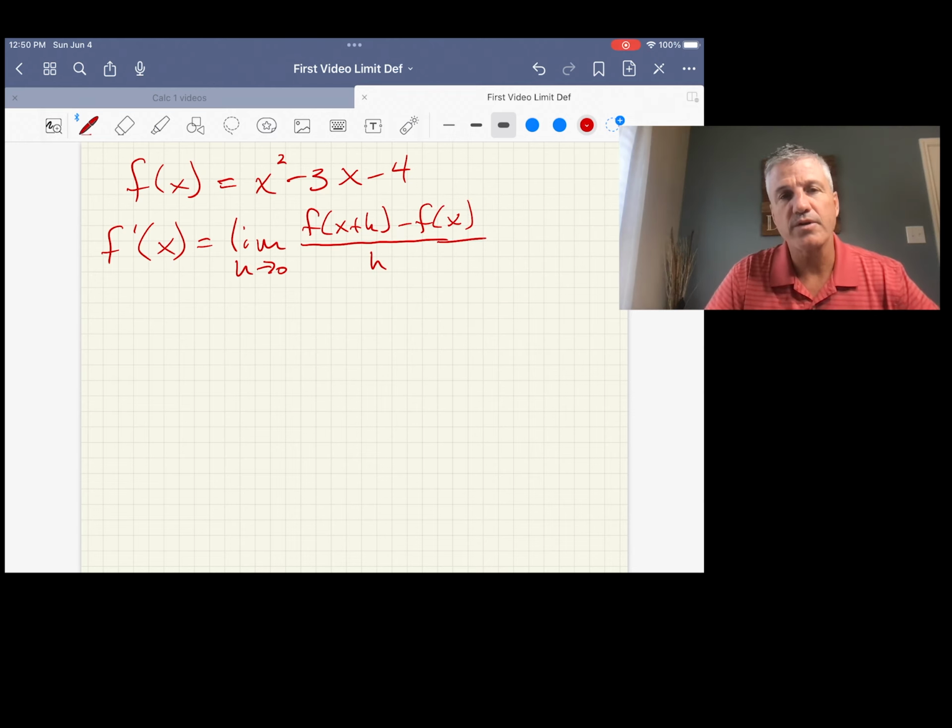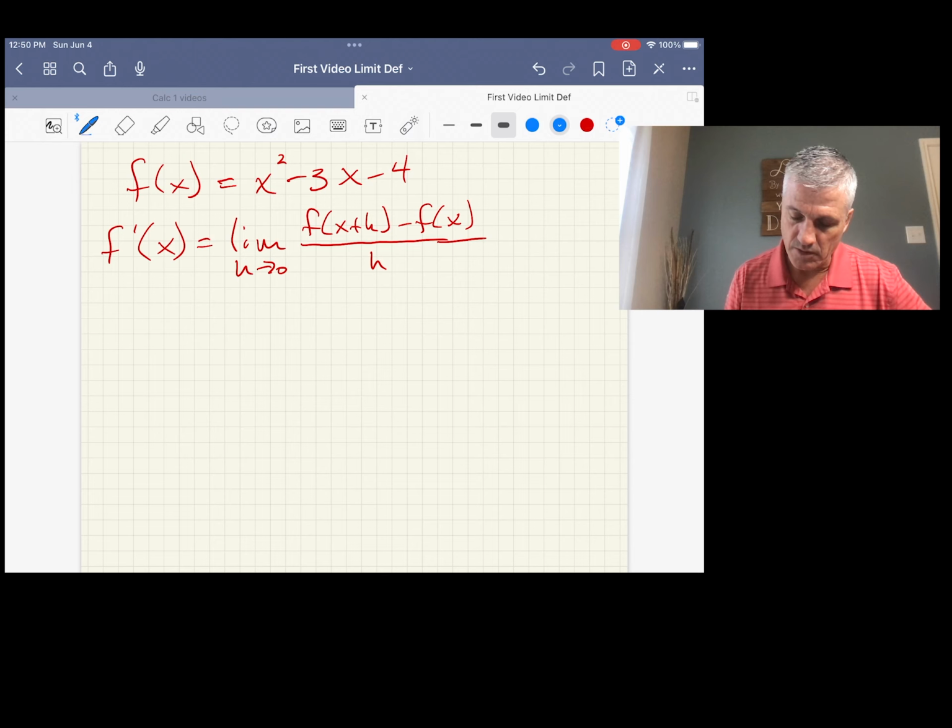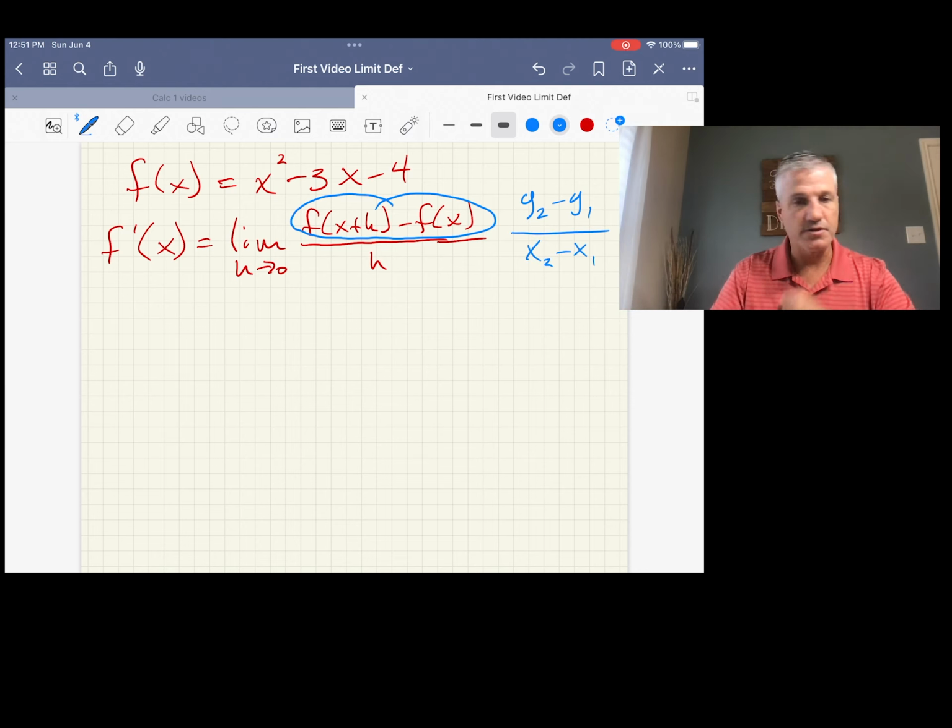Now, before we go further, I just want to remind you that what we've figured out is that really this is just the slope. If we look at this numerator, that's basically just y2 minus y1, and the denominator is basically x2 minus x1. So all we're doing is finding slope, right?